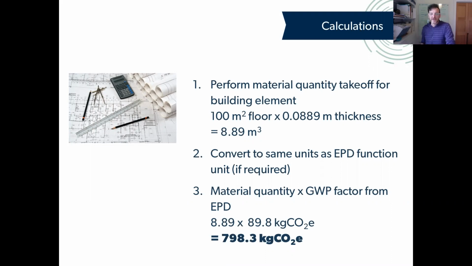So that 100 square meters of CLT floor in that building would have just shy of 800 kilograms of emissions associated with it. So that's the cycle that you would go through for one material, and you just repeat that material by material if you're doing your own calculations.